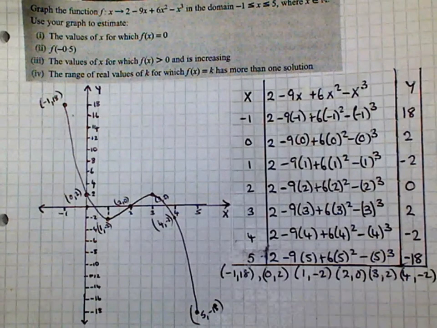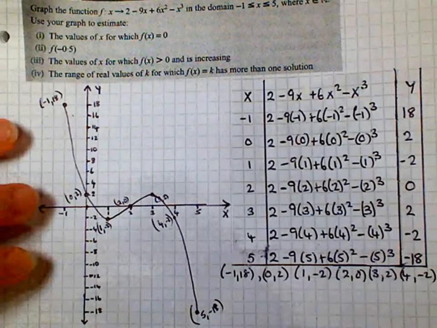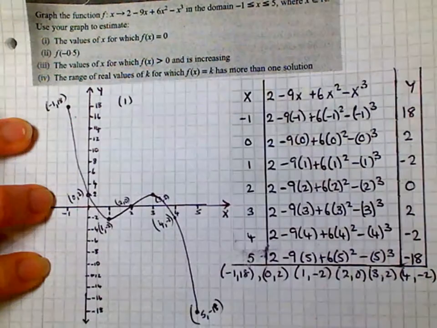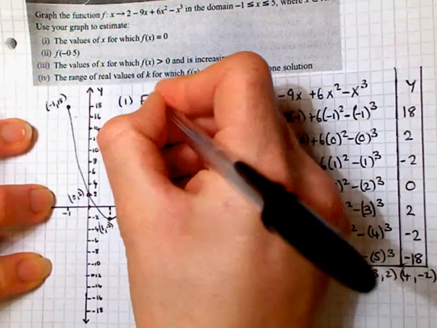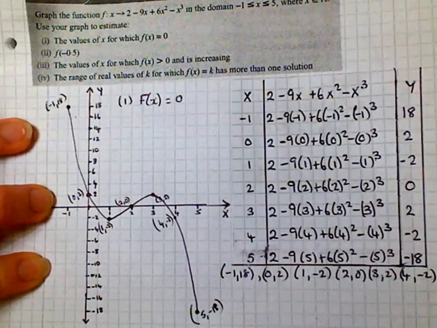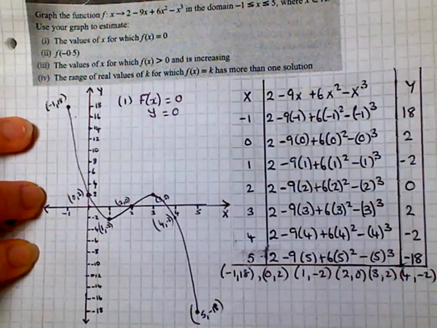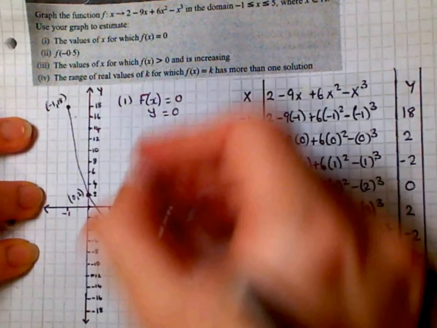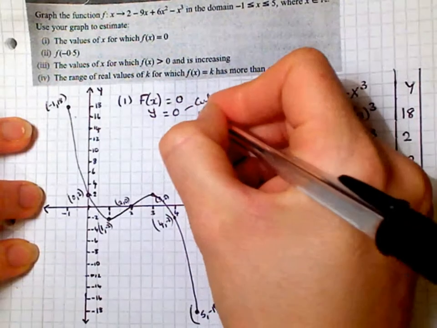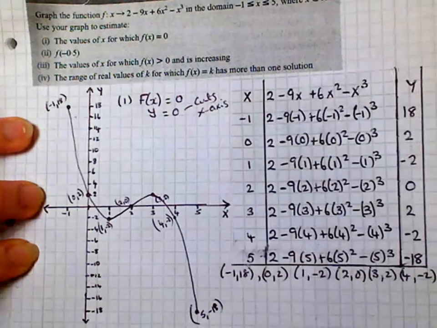Okay, so the questions on the graph are as follows. Part 1, find the values of x for which f of x is equal to 0. Now, reminding ourselves that f of x equal to 0 is the exact same thing as where y is equal to 0, where it cuts the x-axis.